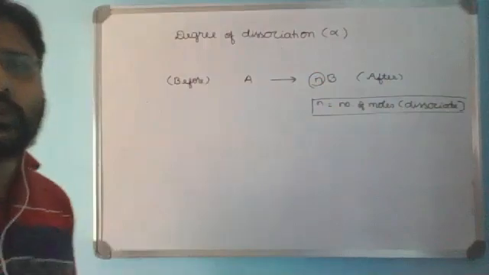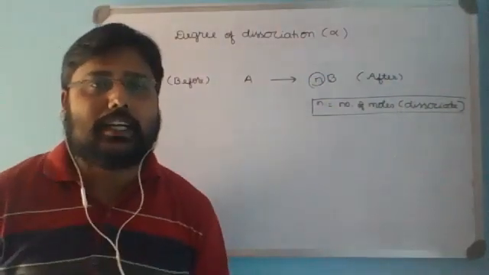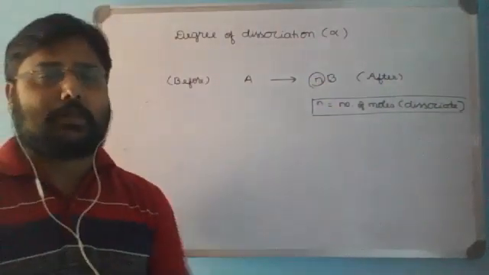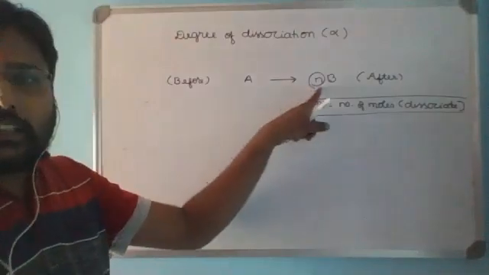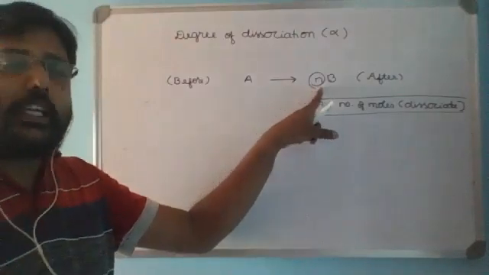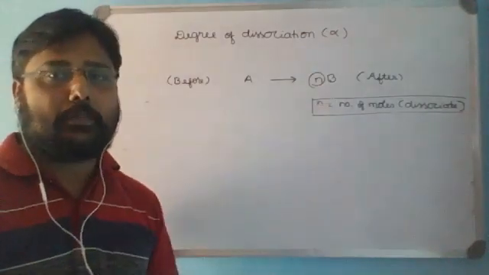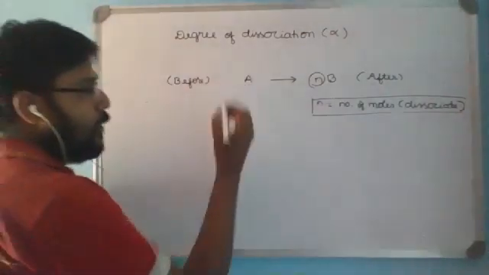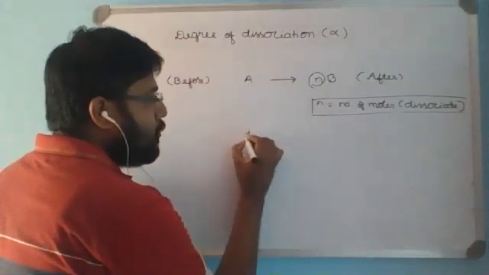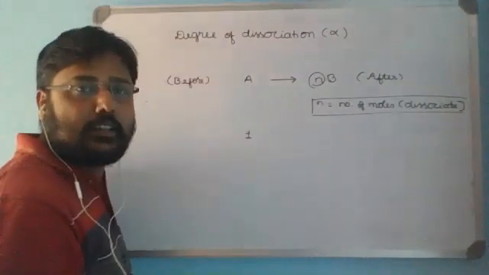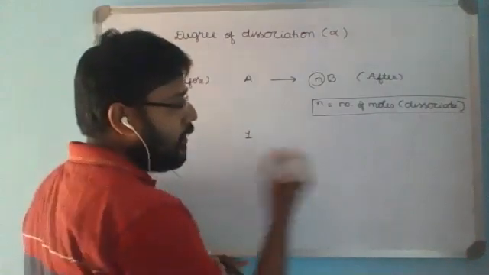Some n number of moles of B is obtained, in the form of different types of ions, whatever the respective ions are. We'll concentrate only on the number, because colligative properties depend only on the number of moles of solute particles.